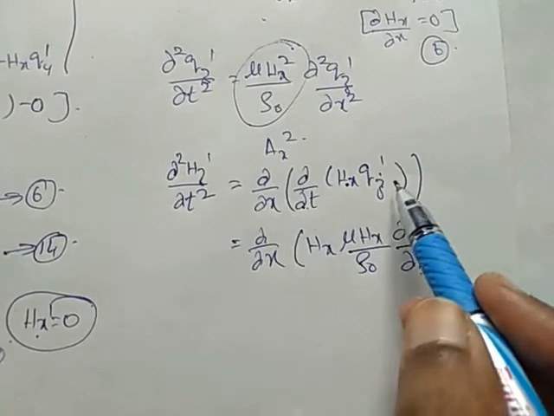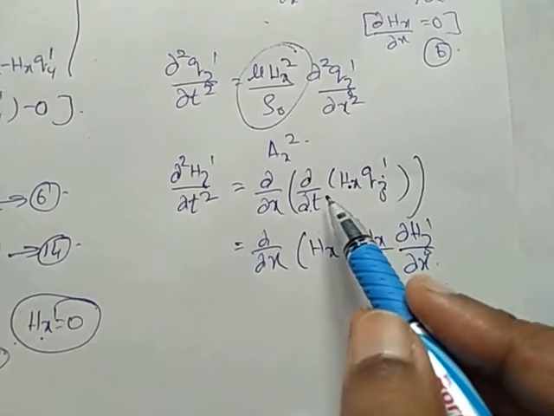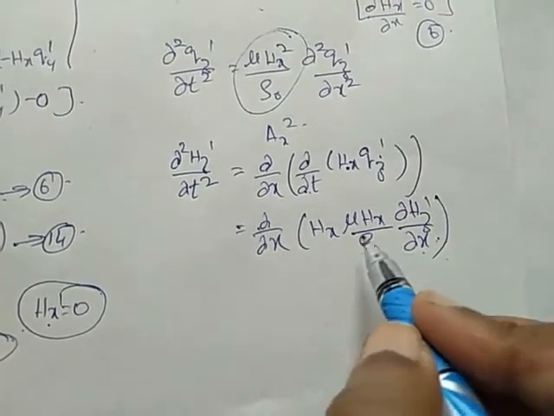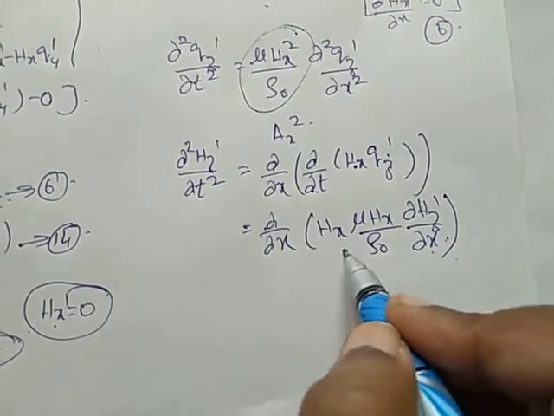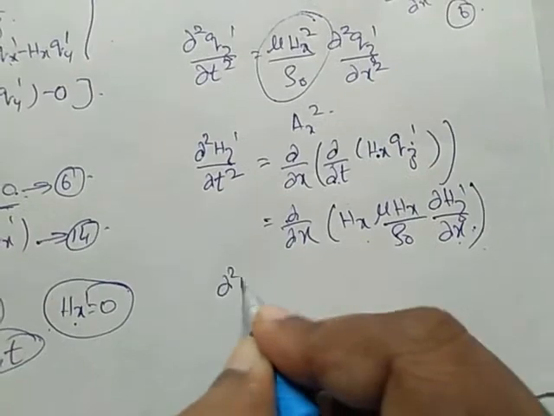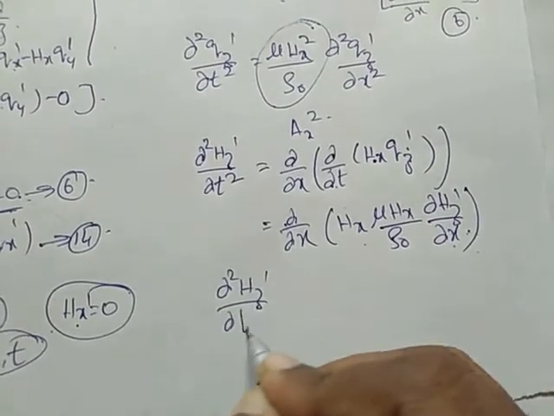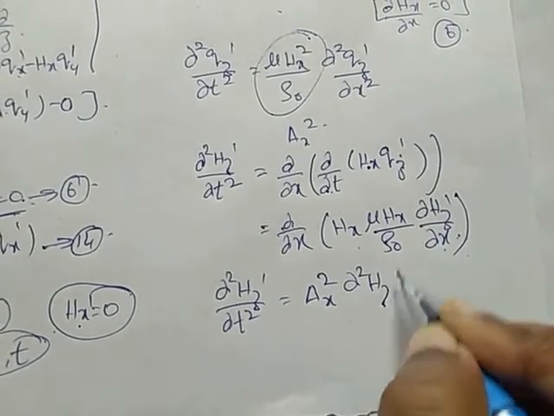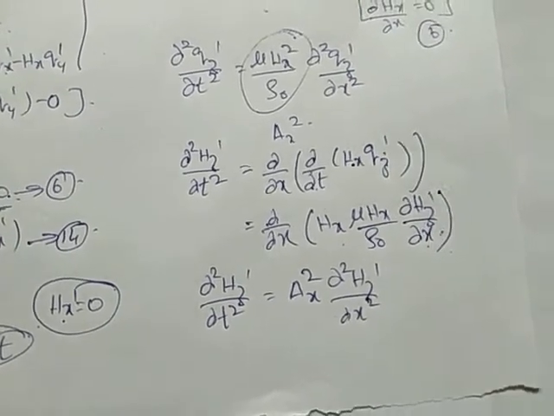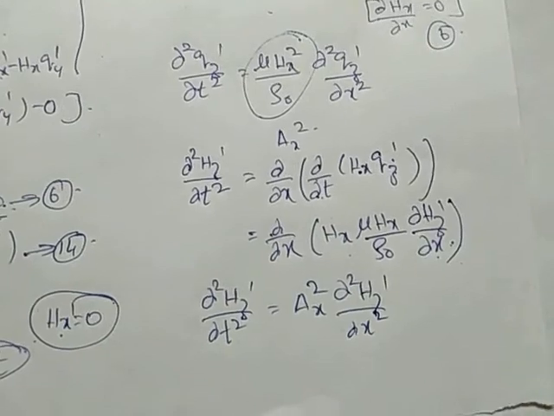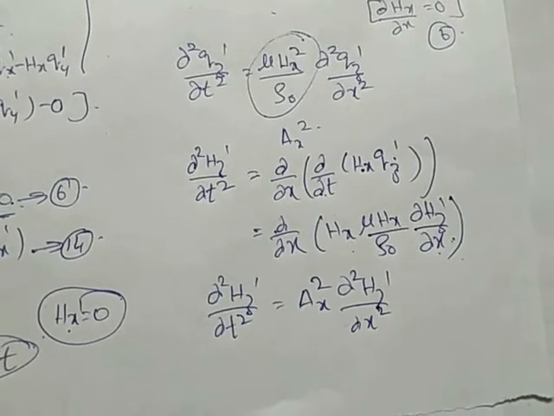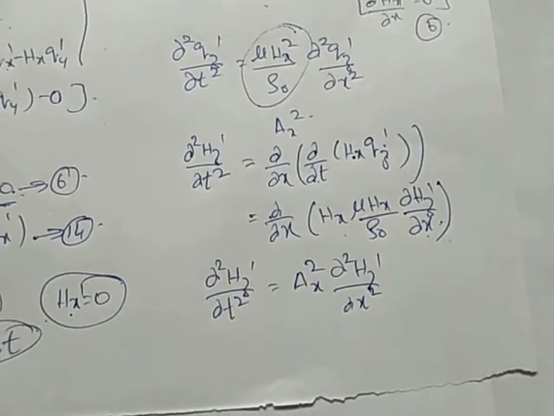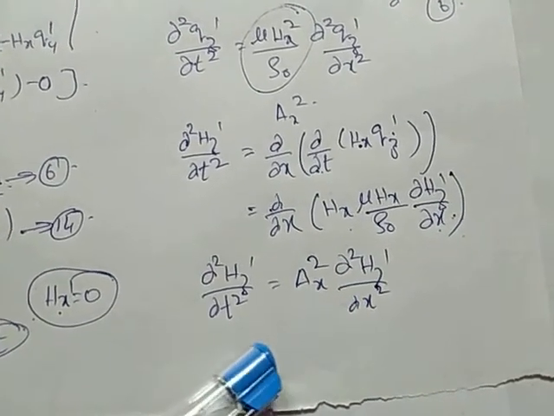And q_z' into ∂Hx/∂t is 0. So we have only this term. Grouping this term and substituting the constant, we have ∂²Hz'/∂t² equal to Ax² ∂²Hz'/∂x². This is another Alfvén wave equation with respect to the magnetic field.